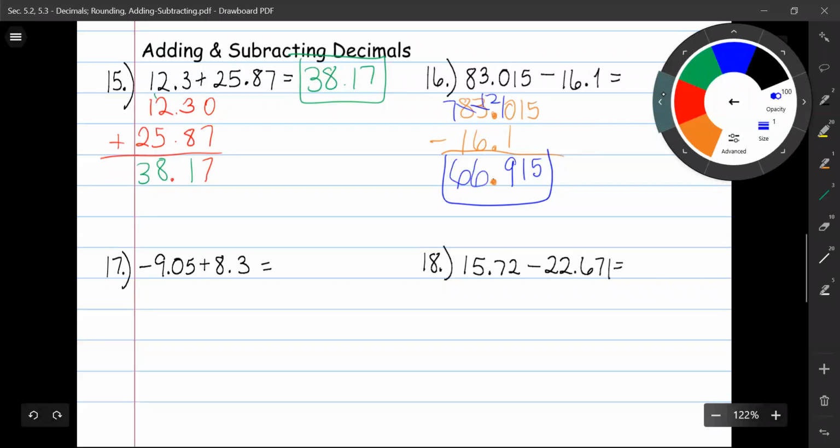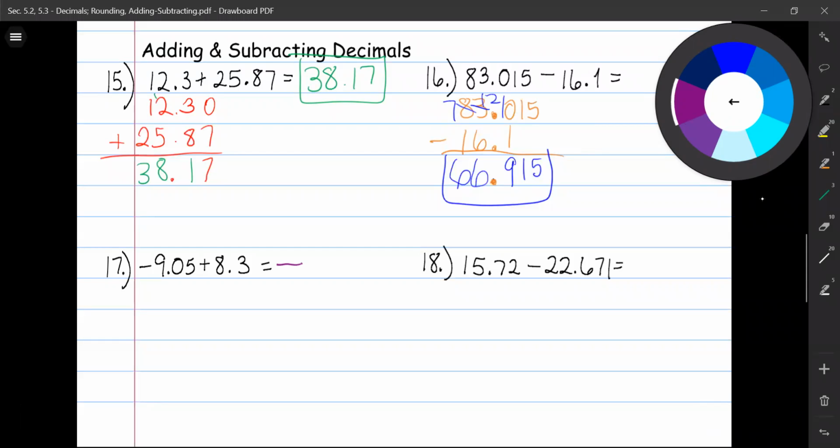All right. So I know my answer is going to be negative. Now to figure out what that answer is, I'm going to do 9.05 minus 8.3.